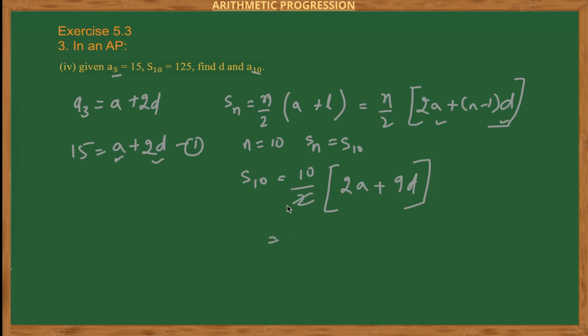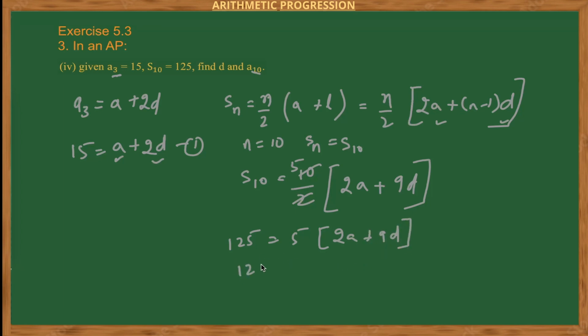So 10 divided by 2 is 5. Let's put the S10 value here because this is known. So 5 into 2a plus 9d.